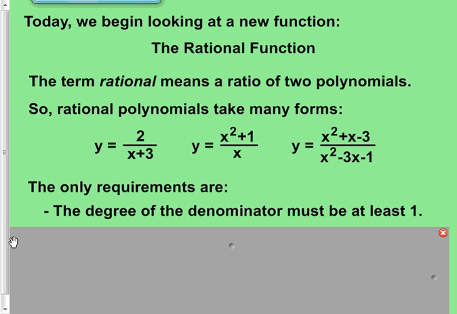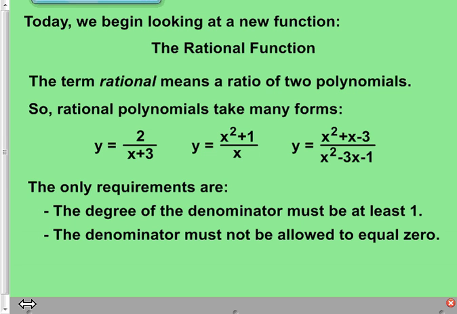If you have a degree of 0, then that would simply be a constant. Being divided by a constant does not technically classify something as rational, because that constant a lot of times is absorbed by the terms in the numerator, and a lot of times you don't even end up with a fraction anyway, so it would not be considered rational. So you have to have a degree in your denominator of 1 or higher.